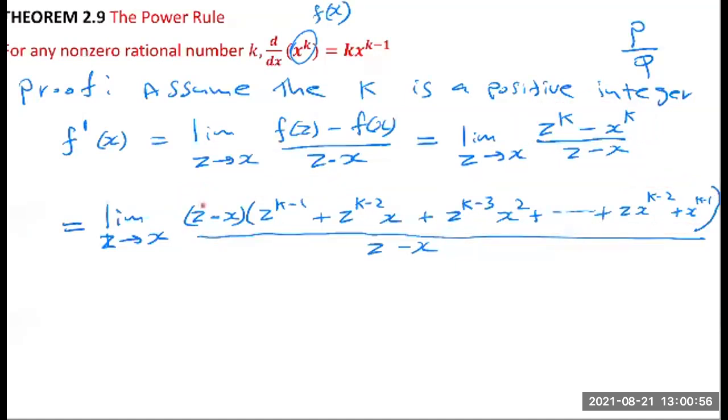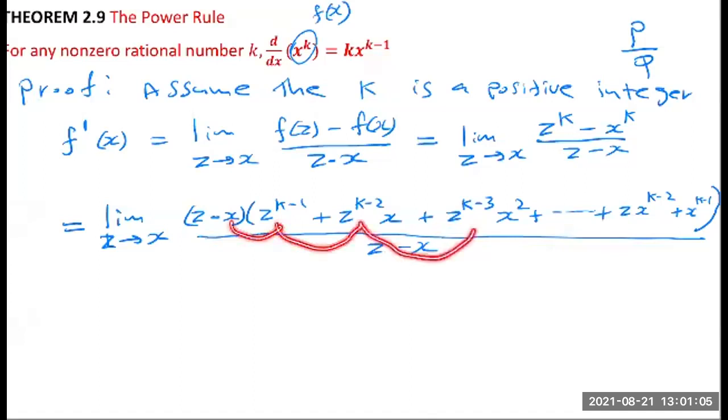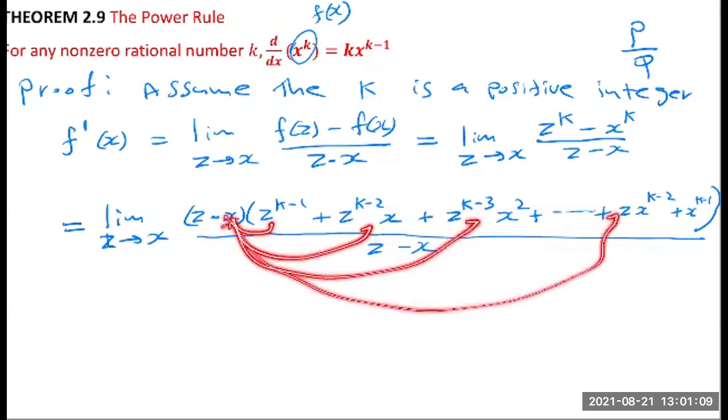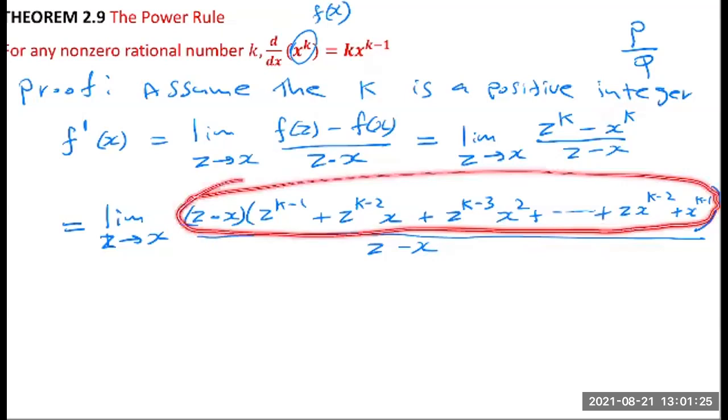Well, all you do is distribute: you multiply each term by each term, and then you will see that you have a bunch of cancellations. The only thing remaining is this difference, z to the power k minus x to the power k. The proof is so straightforward that I'm not going to show it. This is the same thing as z to the power k minus x to the power k.